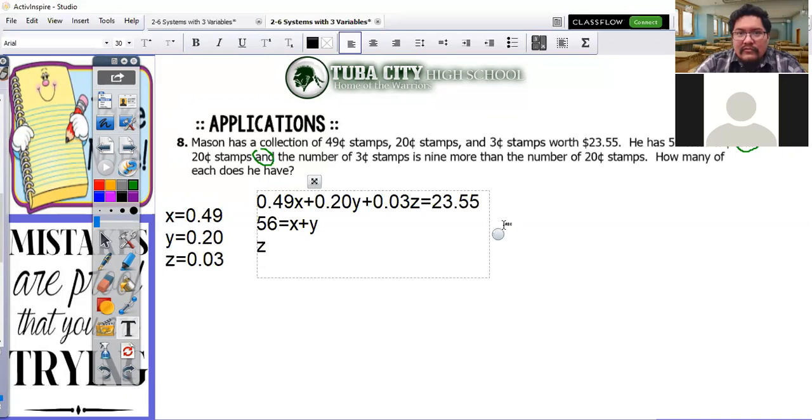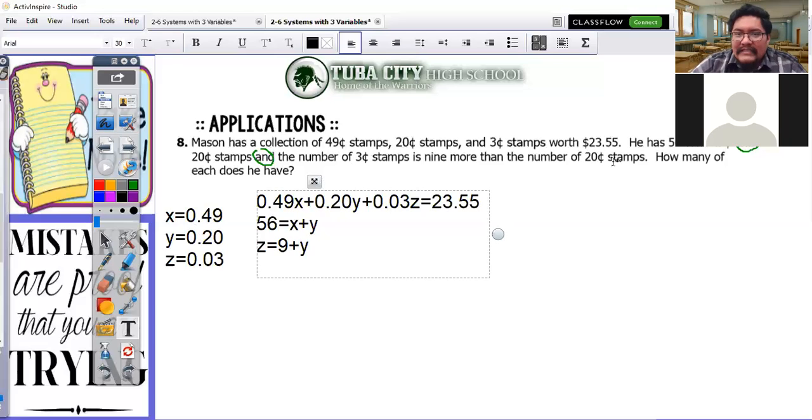Oh, and every time you're reading a word problem and putting it into an algebraic statement, words like is and was are the equal sign. So when it says the number of 3-cent stamps is 9 more than the number of 20-cent stamps, the number of 20-cent stamps is y, because we identified that right there.